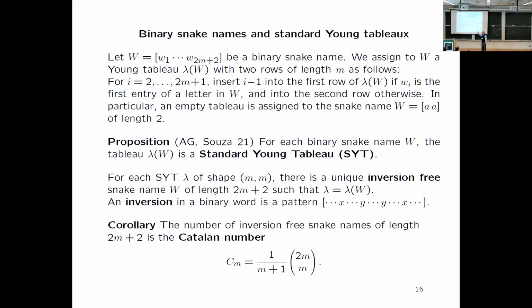And of course, the translation from any snake to a binary snake is geometrically a very simple operation. There is actually a canonical algorithm that allows you to get from any snake name to a binary snake name, and then to recover it.